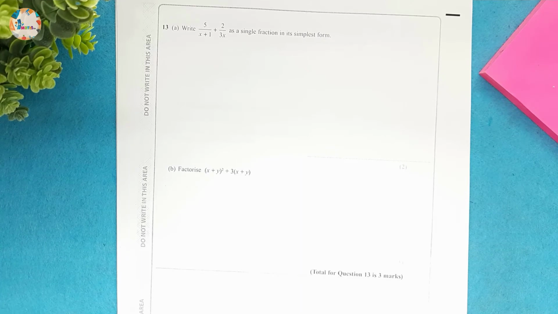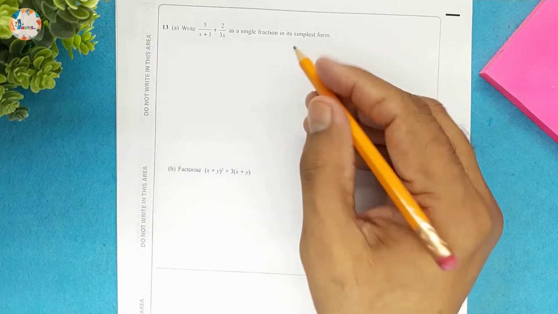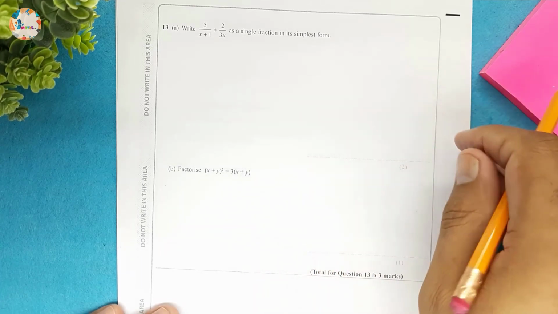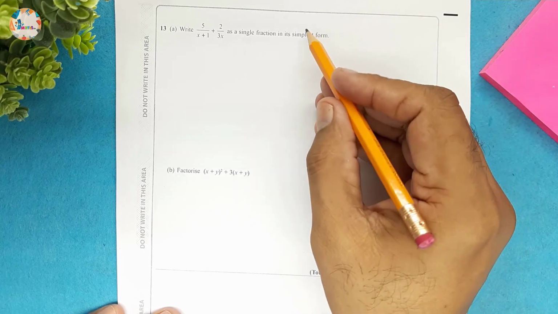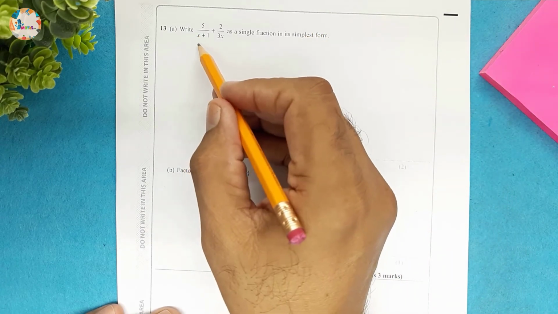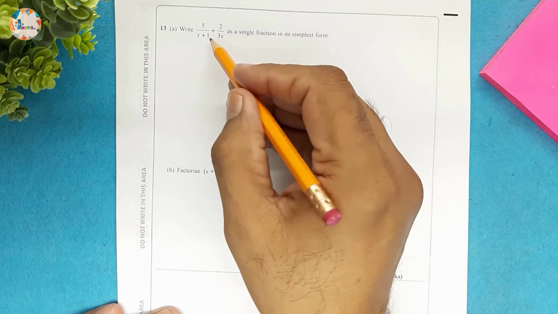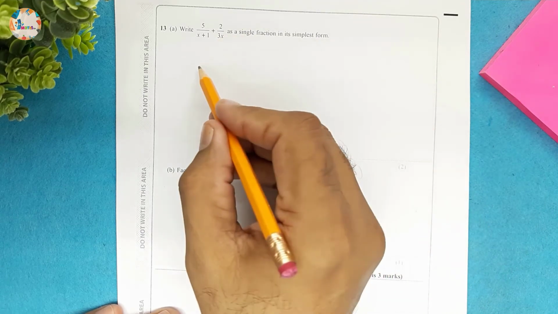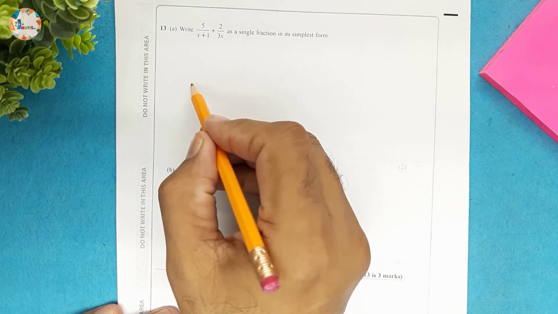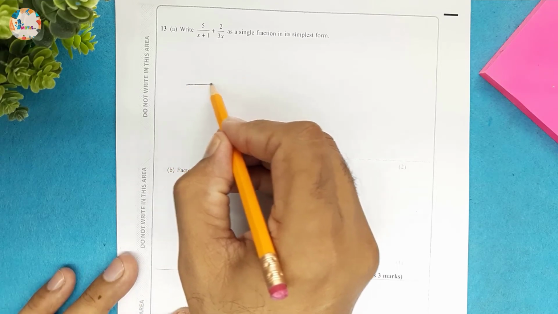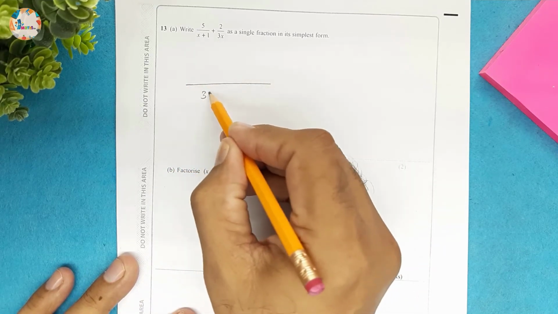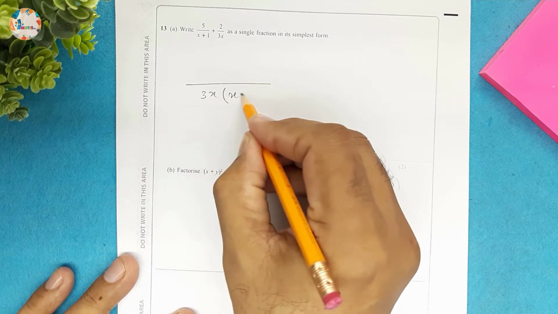Now question number 13, write this one as a single fraction in its simplest form. So in its simplest form we have to write it using the LCM. We can write this will be 3x into x plus 1.